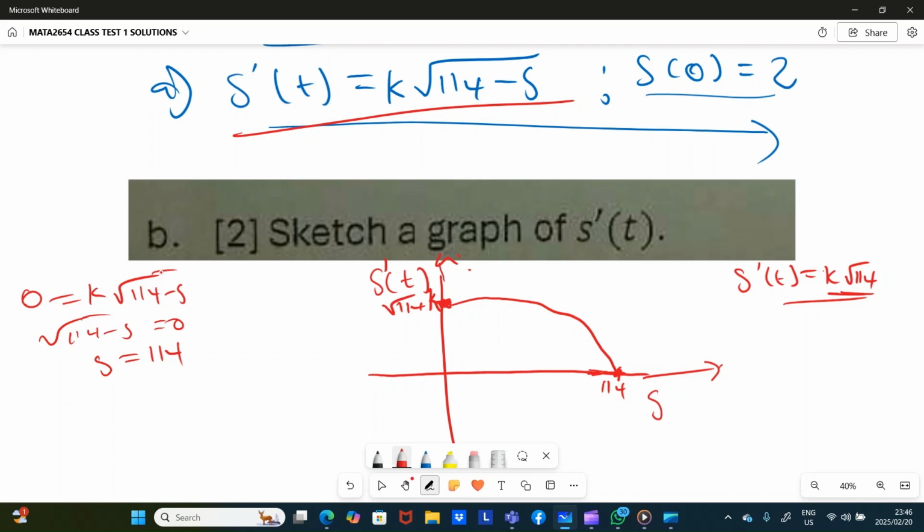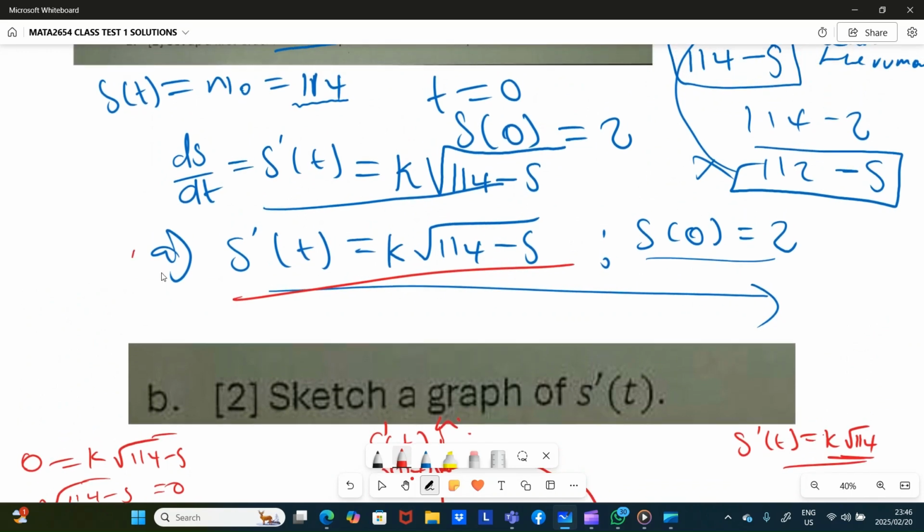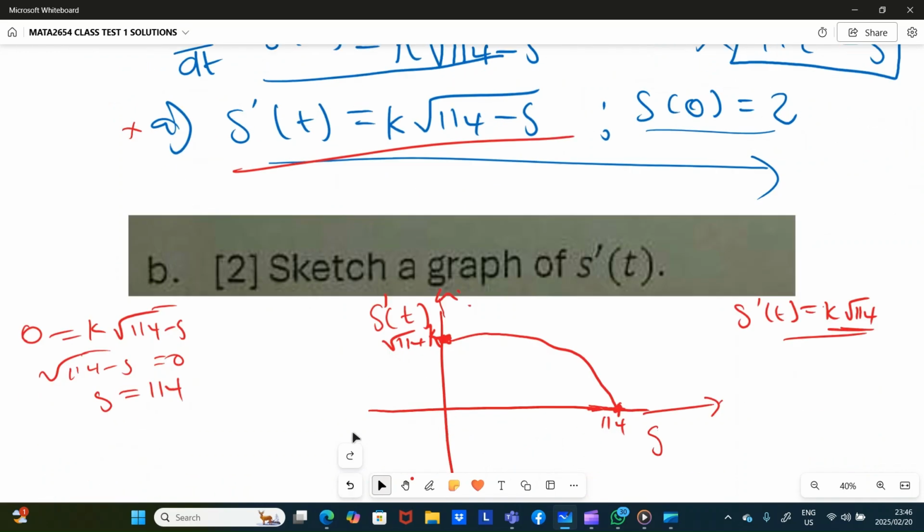Otherwise, it was not a difficult question. Most people got lost from A. If you were not able to find A, then finding the sketch of B was impossible. But I think you will all rectify your mistakes and perform better on the next tutorial test.